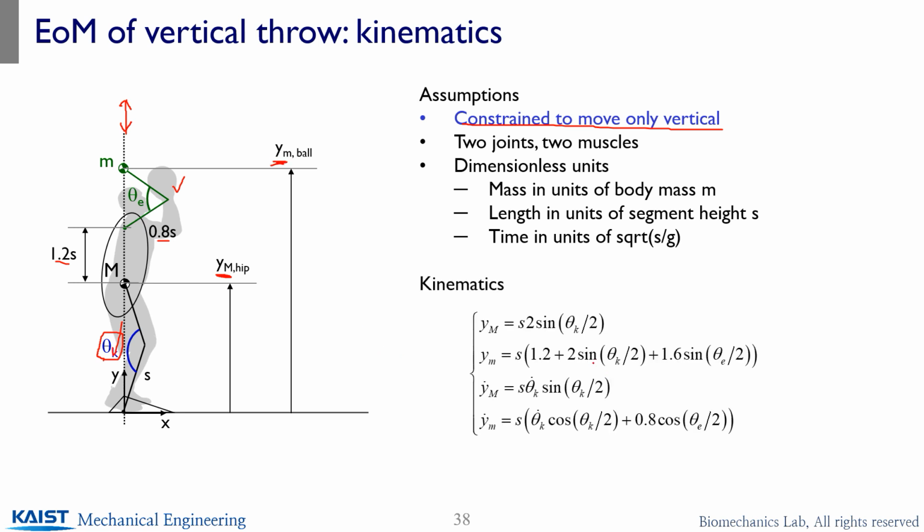For the kinematics, y of M, the center of mass, depends only on the knee angle. And for the ball, it depends on the knee angle plus the elbow angle. Those are involved in describing y of m, the ball height from the ground, and we can also define the velocity by taking a derivative of them.